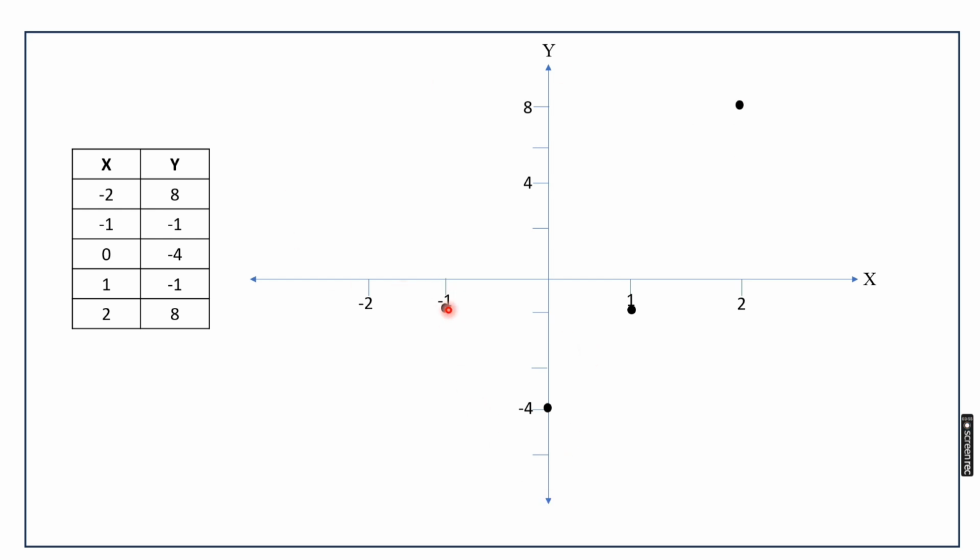And when we take negative 1, it is also negative 1. So when you draw a horizontal line from this and a vertical line, this is the intersection point. And when we take negative 2, we draw a vertical line and a horizontal line from 8, and this is the intersection point. Now we have all the parameters we use to plot the graph of a function. So this will be our graph.